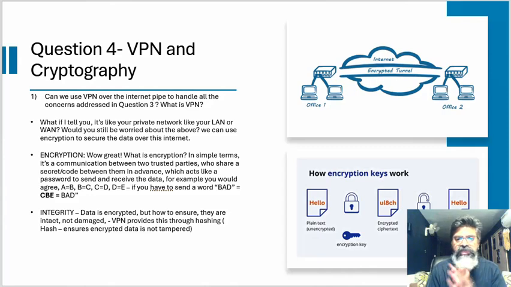We can use encryption to secure the data over the internet. What's encryption then? That's cryptography. Cryptography is a long topic, but I want to keep it simple. For example, between two parties, A and B, you have a code: A is B, B is C, C is D, D is E. If you have to send the word BAD, you send it as CBE, and the other party will read it as BAD.